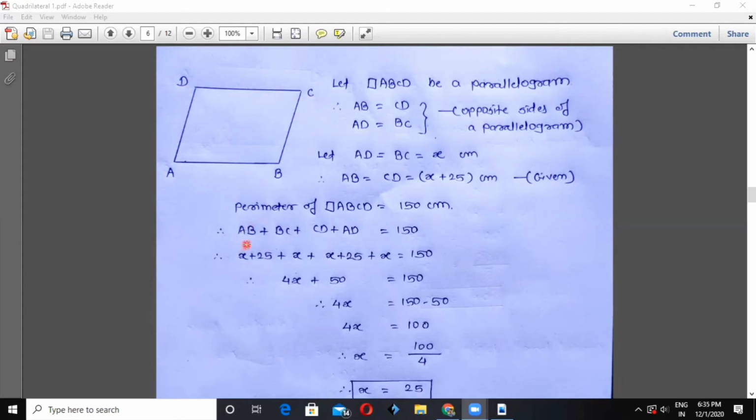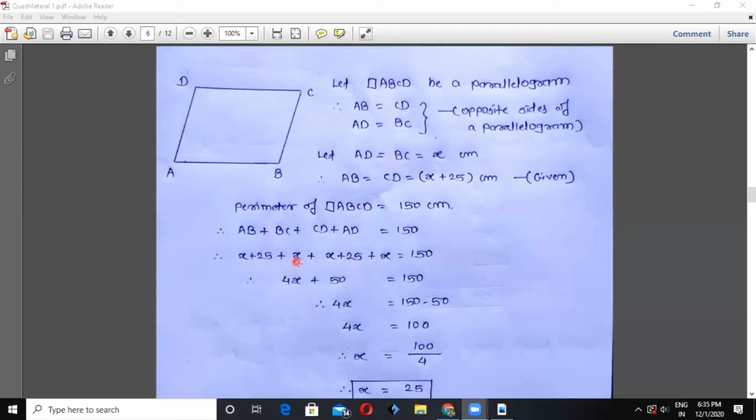So we just add them, AB plus BC plus CD plus AD, that is equal to 150. Now here AB is x plus 25, BC is x, CD is again x plus 25 and AD is assumed to be x. That is x plus 25 plus x plus 25 plus x is equal to 150.